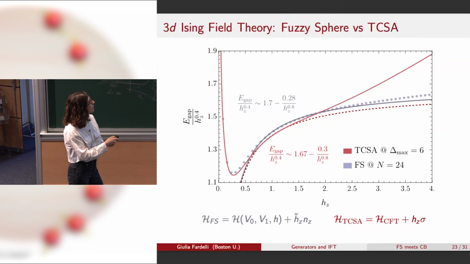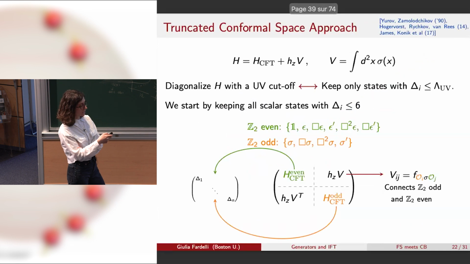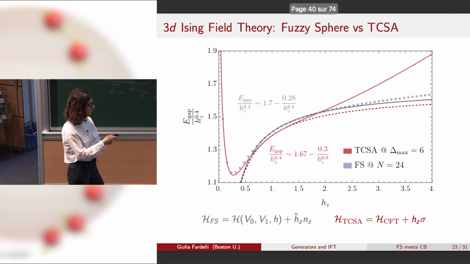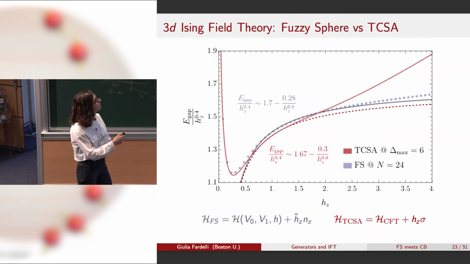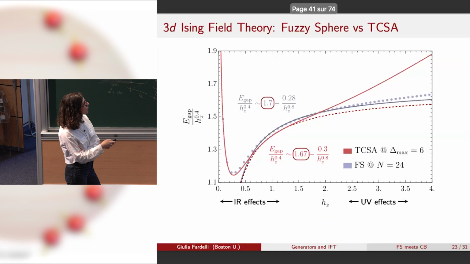And that's what it looks like. The red solid line is what we obtain from this approach. Basically we're just diagonalizing this matrix as a function of hz. This is my H on the fuzzy sphere versus the one in the TCSA.